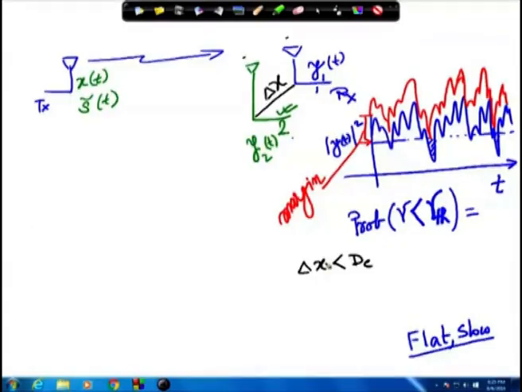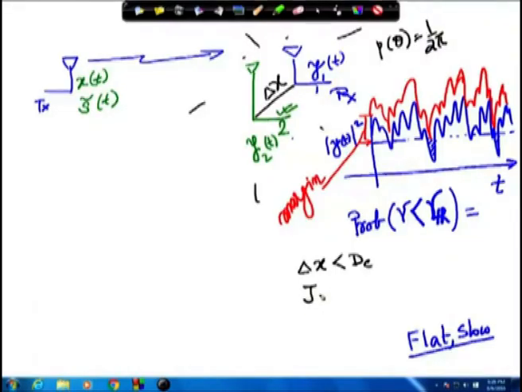We have also seen that when signals arrive from all directions with equal probability, that means when p of theta is equal to 1 by 2 pi, the correlation is a function of J0 of 2 pi delta x by lambda.